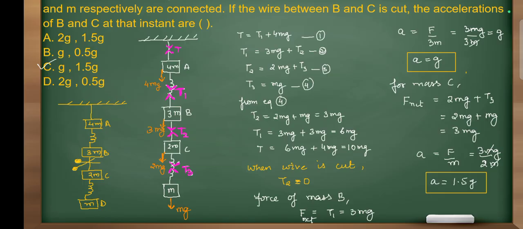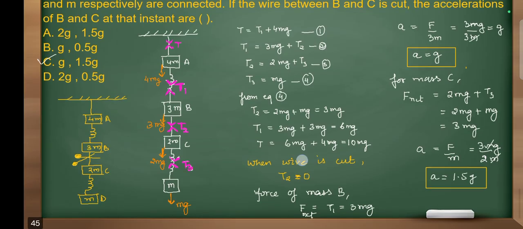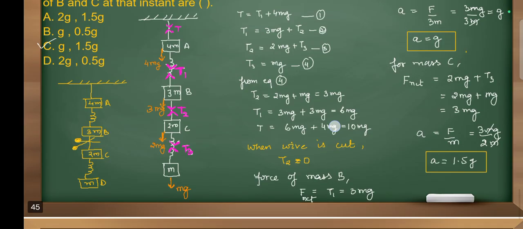And for mass C, the net force acting on this will become 2mg plus T3, that is 2mg plus mg, which is equal to 3mg, and acceleration of mass C will be 3mg divided by 2m, so it will become 1.5g. So option C is correct.